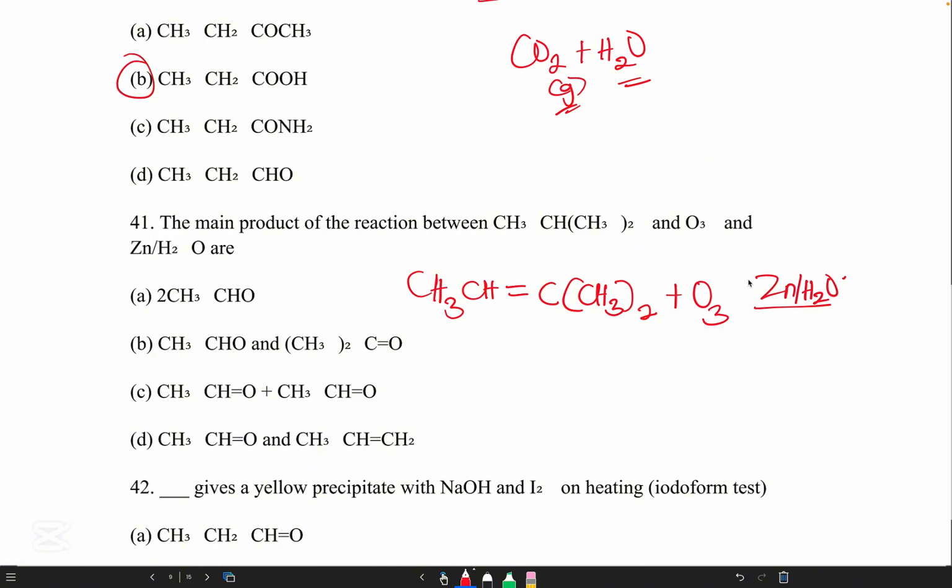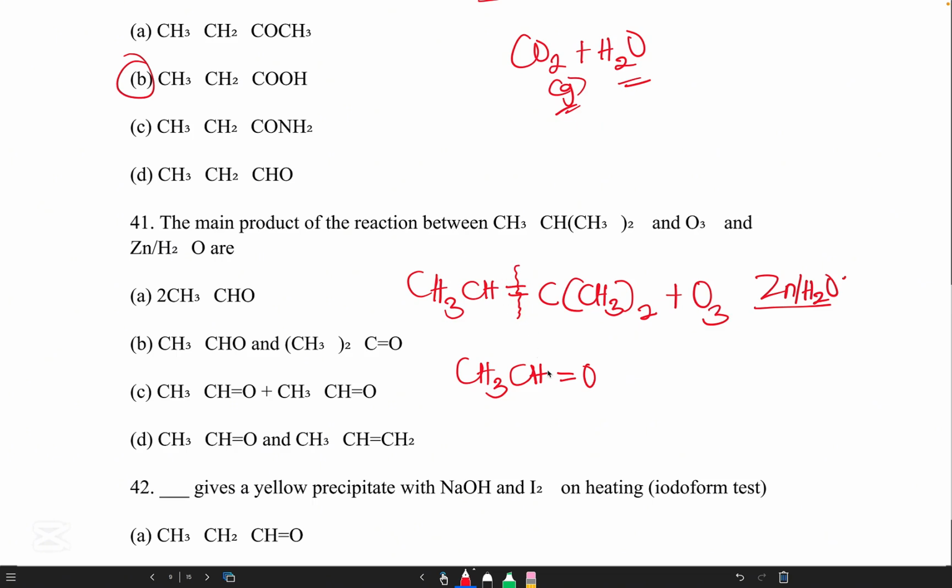All right. Now, all you need to do for this is divide this into two. If you divide this into two at this position here, ozonolysis leads to the formation of aldehydes and ketones, or a combination of aldehydes or ketones. So this we give CH3, and then here will be what? CH double bond oxygen.